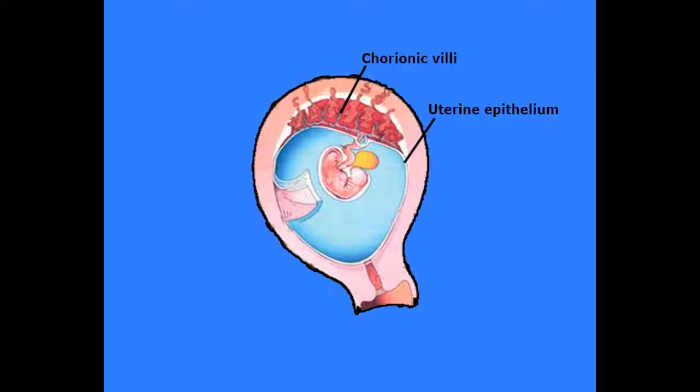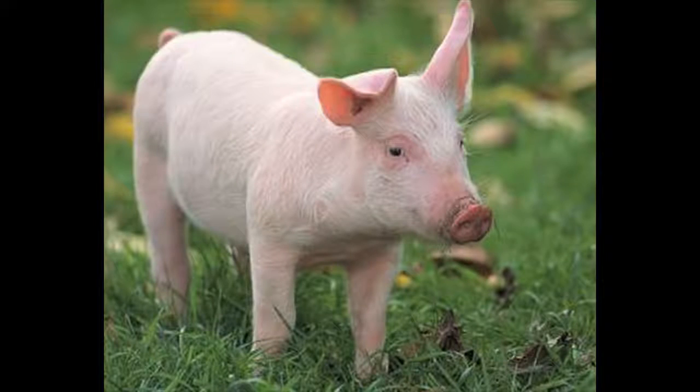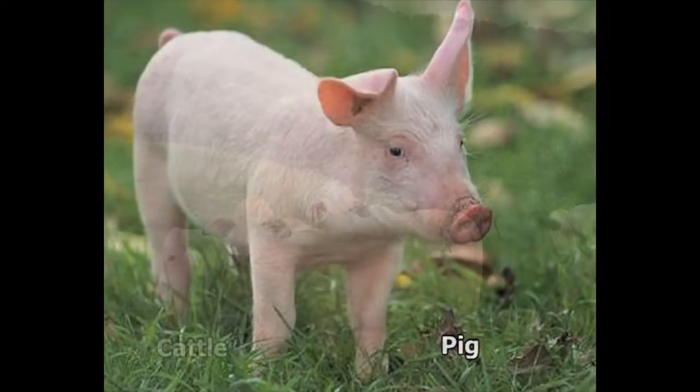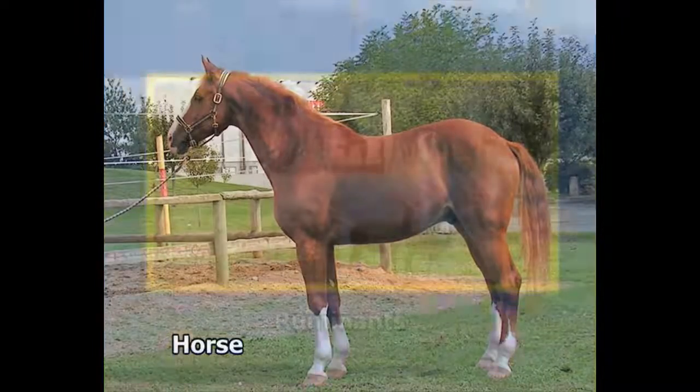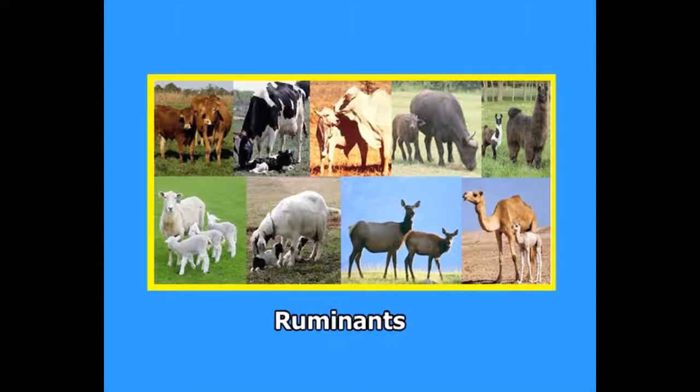They have loose connections with the crypts in the uterine epithelium. At the time of birth, the chorion peels off from the uterine wall by pulling the villi out of the crypts. So, no bleeding occurs at parturition. It is found in pig, cattle, horse and other ruminants.